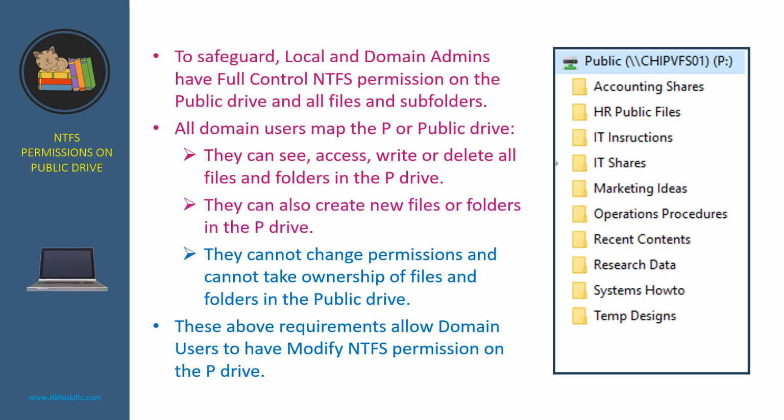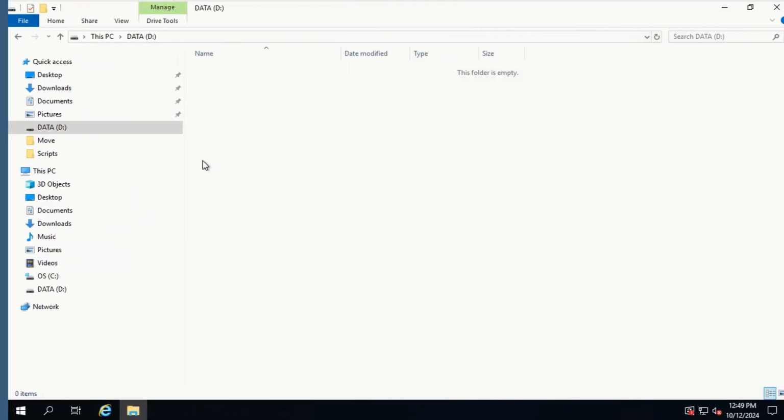They can also create new files or folders in the B drive. However, they cannot change permissions and cannot take ownership of files and folders in the public drive. These above requirements allow domain users to have modify NTFS permission on the B drive.